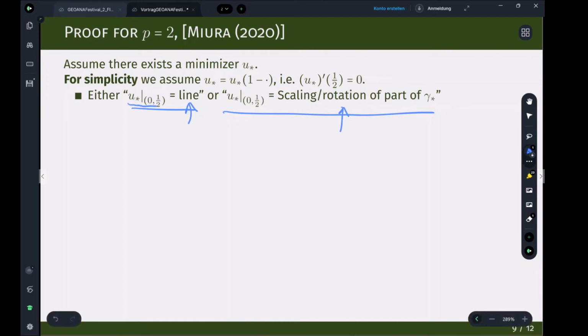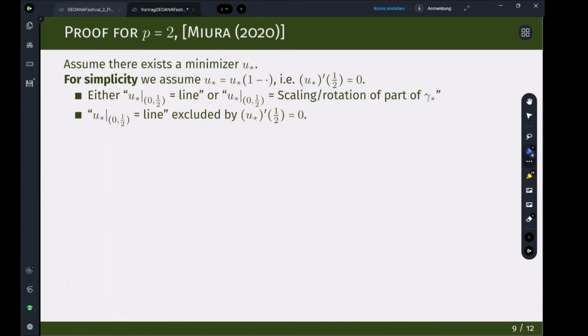So u star between 0 and 1/2, which has to be a critical point, now has to be one of those two types. And lines are not allowed, because lines can never have a derivative of 0 unless they are completely straight.